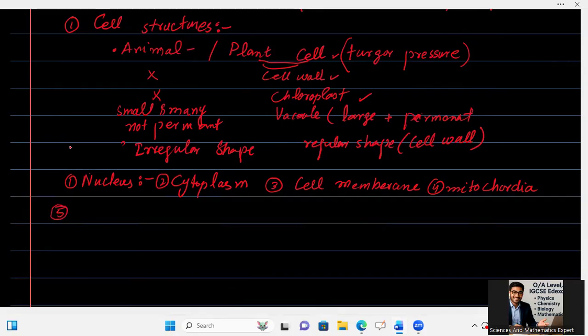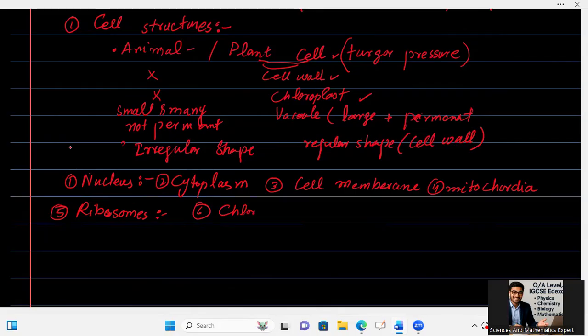At number five, there are ribosomes. Ribosomes are organelles which are attached to the endoplasmic reticulum, making it rough endoplasmic reticulum, where protein synthesis happens. After that, there are chloroplasts, where photosynthesis occurs.